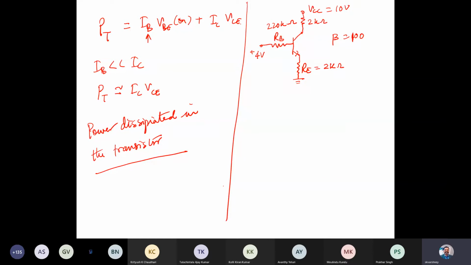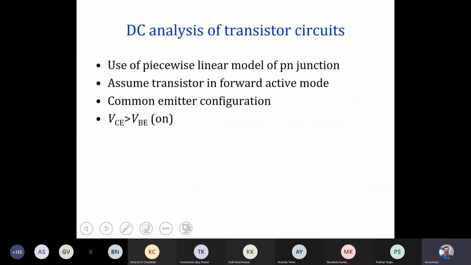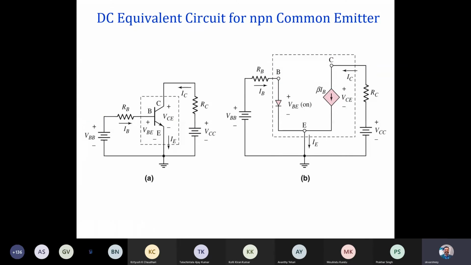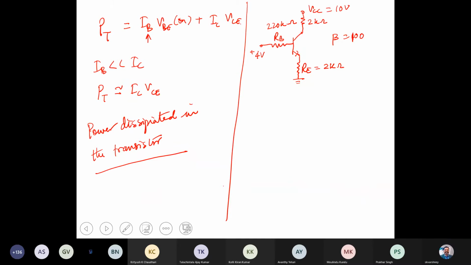Can you write down KVL for the input loop of this circuit, which has an RE? The equation is VB minus IB RB minus VBE minus IE into RE equals 0.